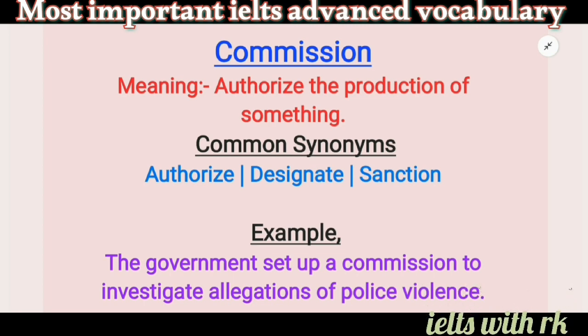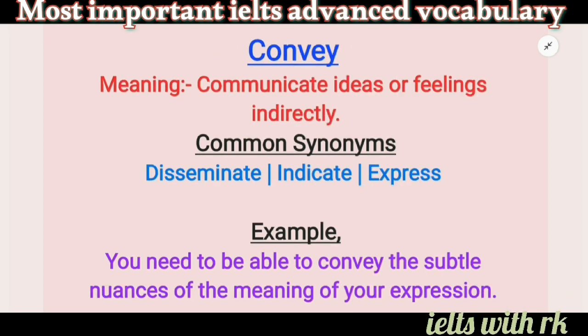Designate. Sanction. The government set up a commission to investigate allegations of police violence. Convey. Communicate ideas or feelings indirectly. Disseminate. Indicate. Express. You need to be able to convey the subtle nuances of the meaning of your expression.